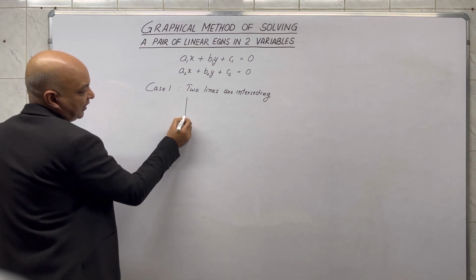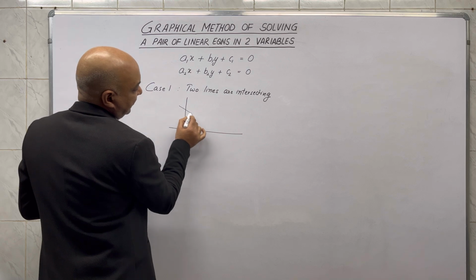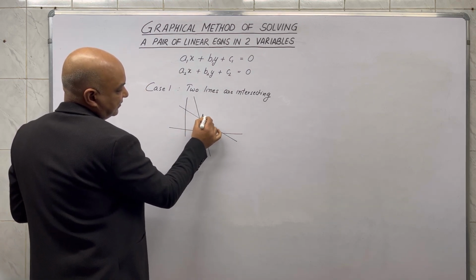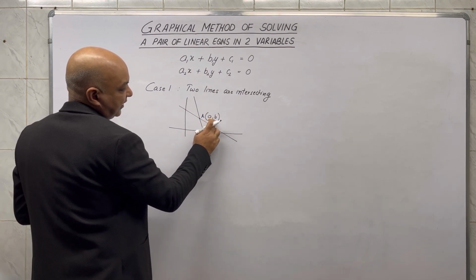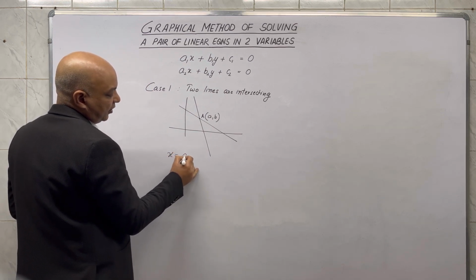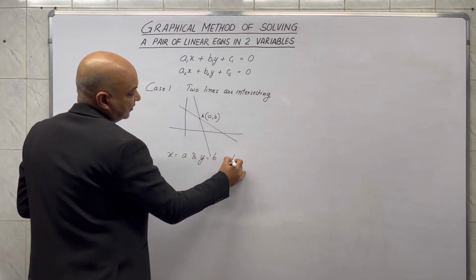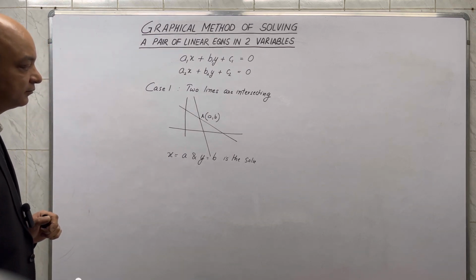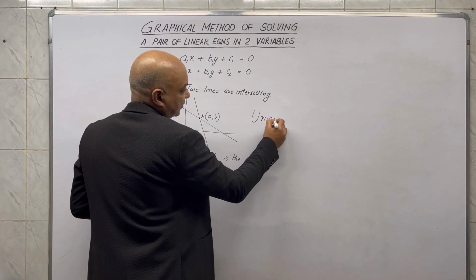Now you will get the graph of such lines like this, as they intersect at the point A having coordinates a comma b. So I will say that x is equal to a and y equal to b is the solution of such a pair. We call this a unique solution.